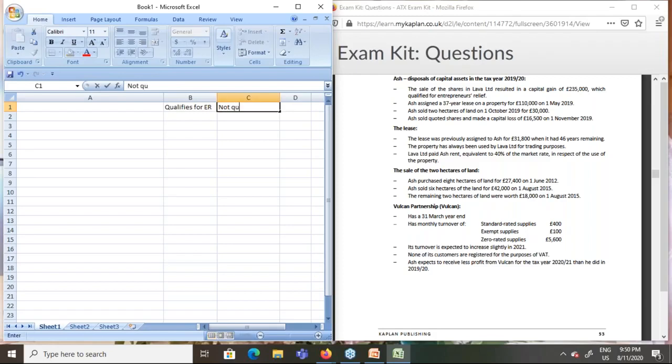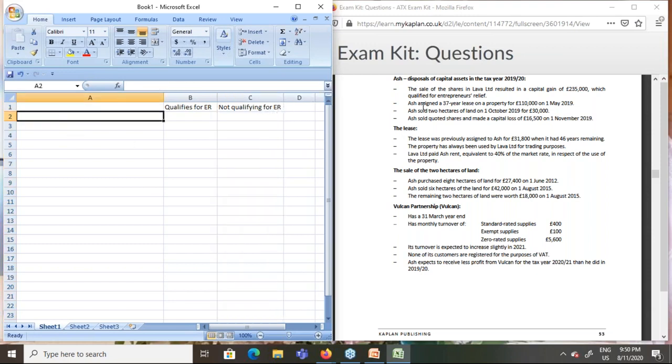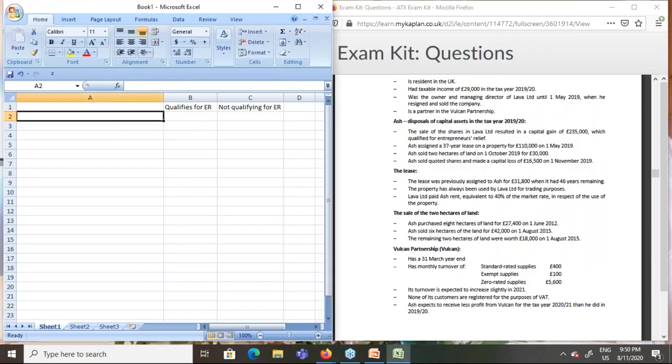At the exam also, you will be able to do the question side by side while you're looking at the question. Okay. Now, what are the disposals? One is the sale of shares in Lava Limited.